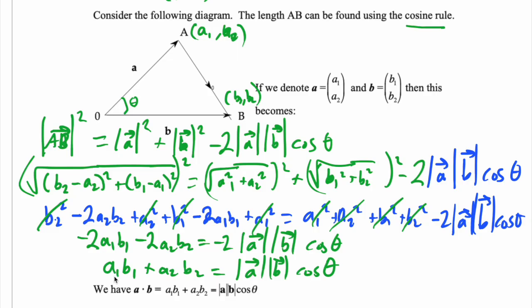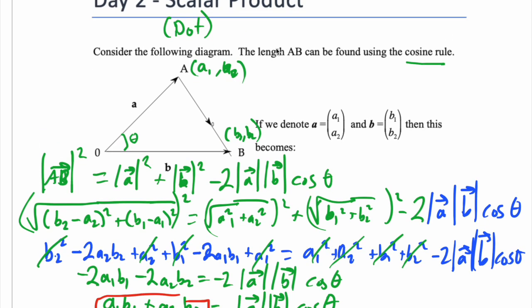It just tells us if we do a1b1 plus a2b2, we can figure out the angle between two vectors. So the dot product is very useful for finding the angle between two vectors, or if we know the angle, we can figure out other properties, okay? It's so special that we call this the scalar product. That's the name of it.